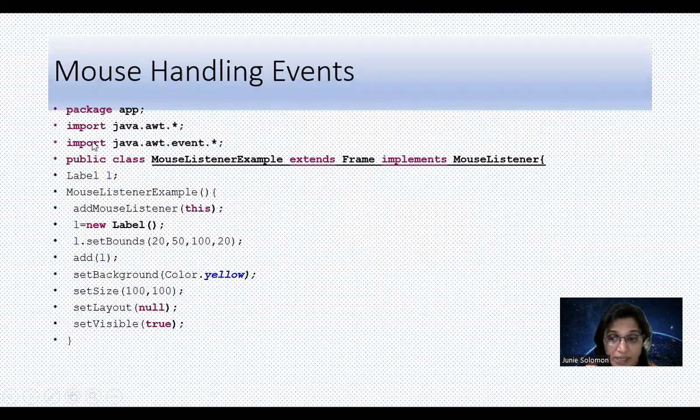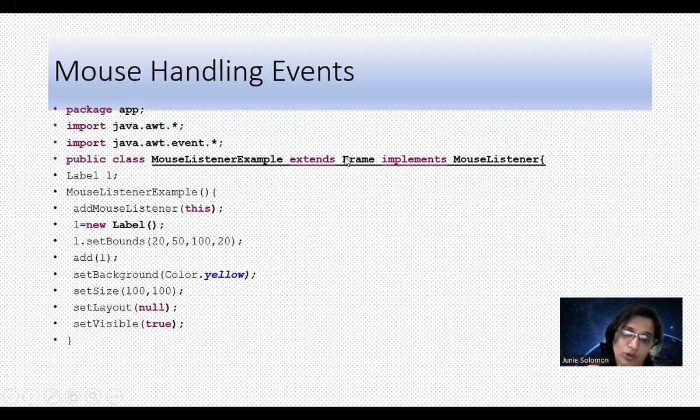Every time I told you I am creating a package. Through the package, I am doing my Java program, package app, and java.awt.event. Here you can see that my class name is MouseListenerExample. I am doing it in a normal frame, not a JFrame.